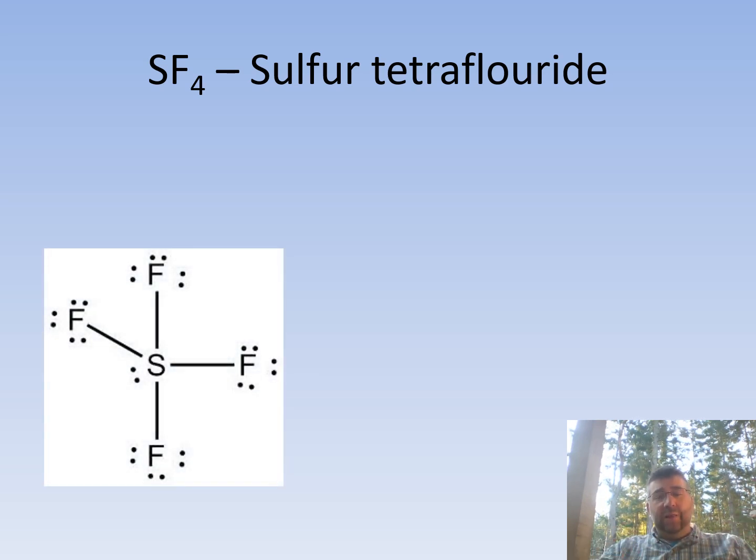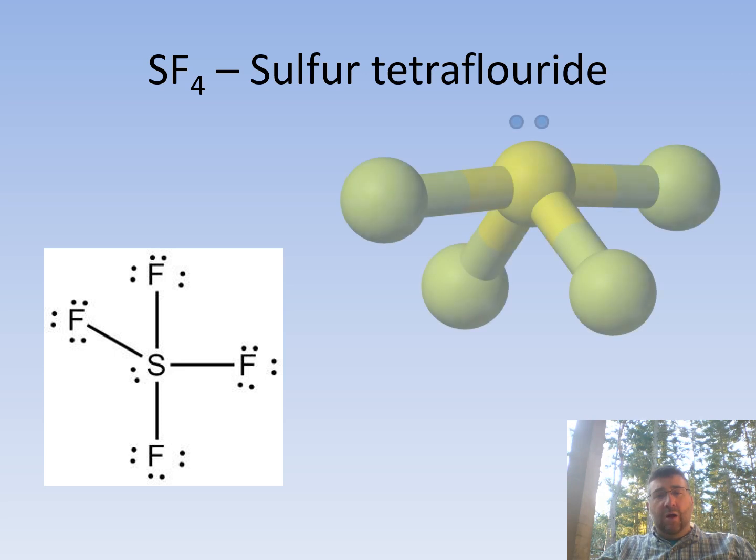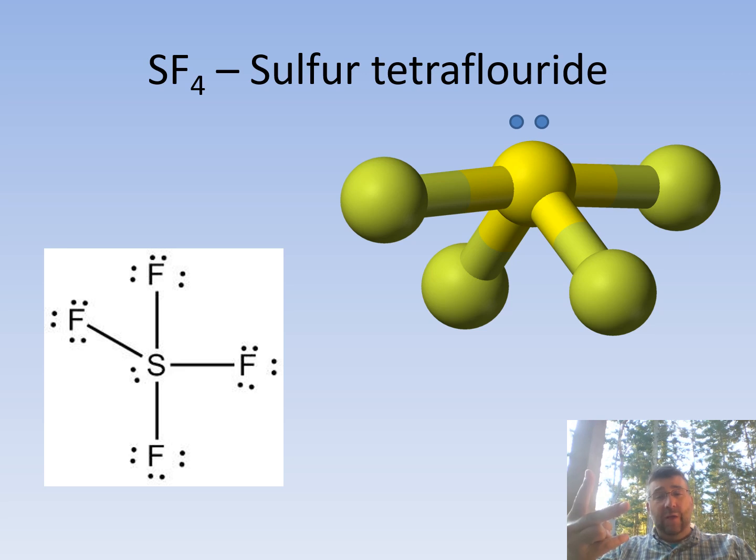So you're going to get something like this, where basically the 4 fluorines attach to the sulfur. Sulfur normally would make 2 bonds, but one of its lone pairs is going to have 2 more fluorines attached to it, so one of its lone pairs is broken up, the fluorines attach to those 2 electrons, and 1 lone pair remains intact.